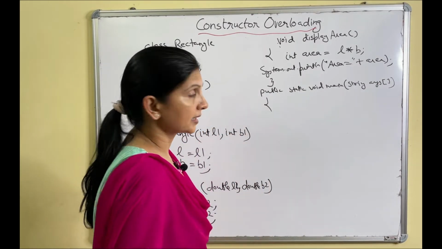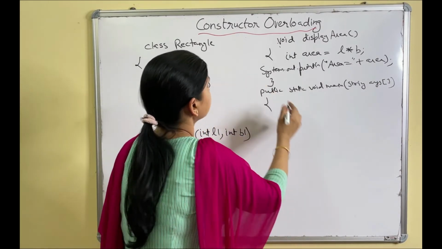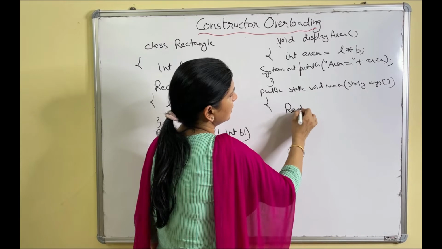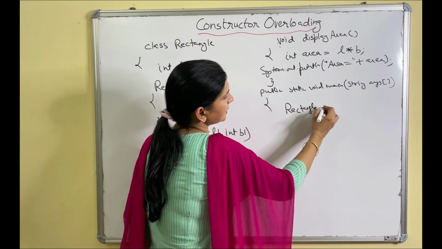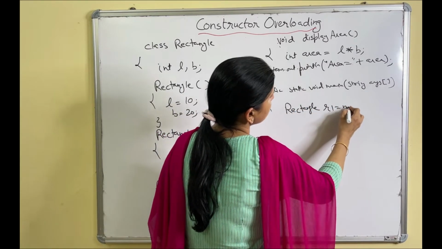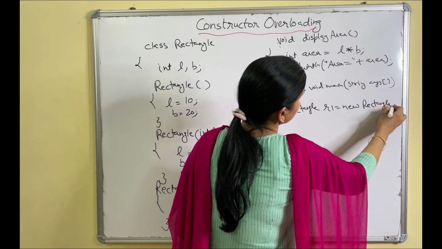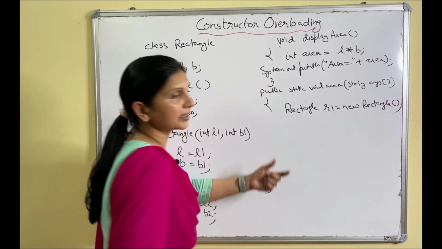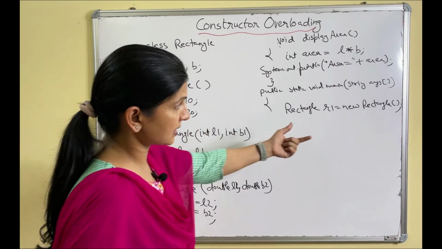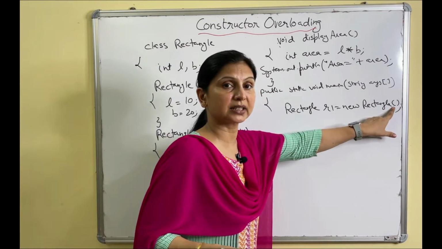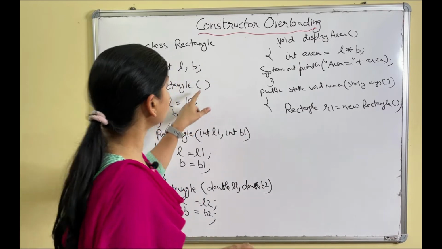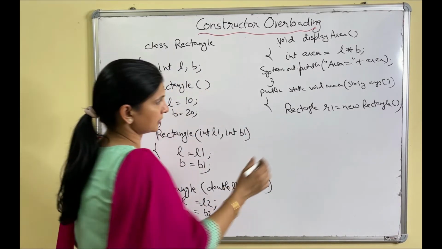Now we will create the object of Rectangle. First object R1 equals new Rectangle. As we already know, when we create the object it will invoke a constructor. Which constructor? As we have not passed the parameters here, it will invoke the non-parameterized constructor, right?